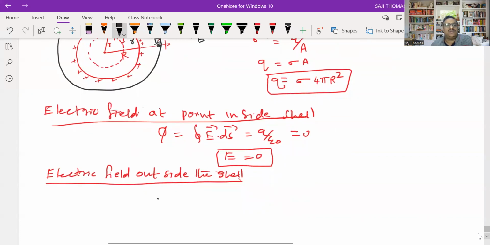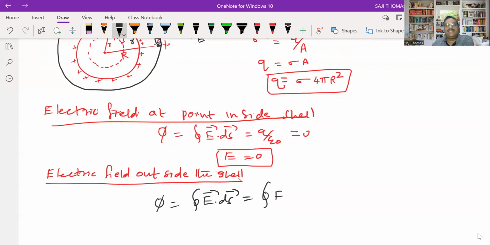Phi is equal to closed integral E dot ds. Electric field and area vectors in the same direction, cos 0. So it will be closed integral E ds.